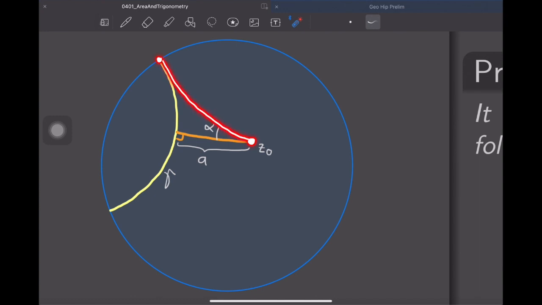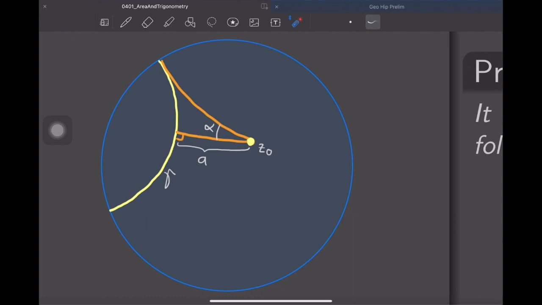It's a parallel in the extreme of the range, because this point is not in D. So this apparent point of intersection is not a point of intersection, at least not inside the Poincaré disk, not in D. So this one is a parallel.